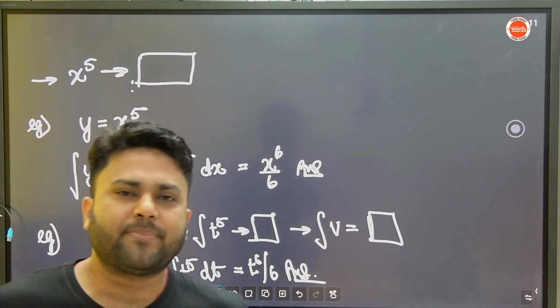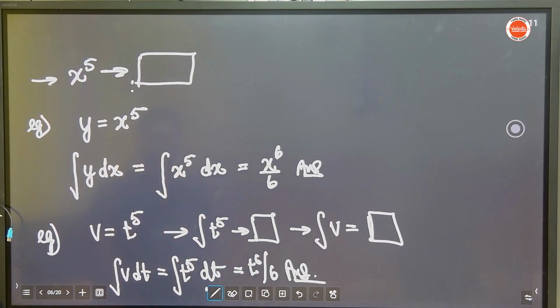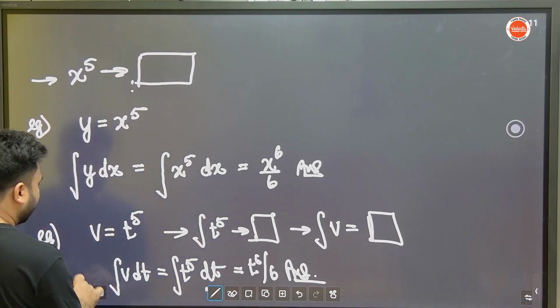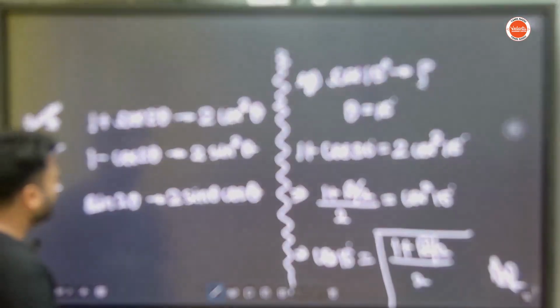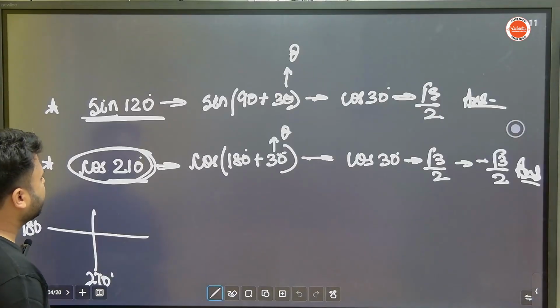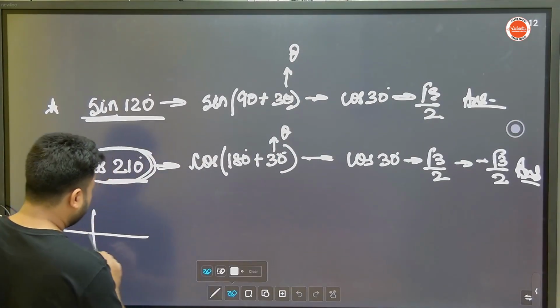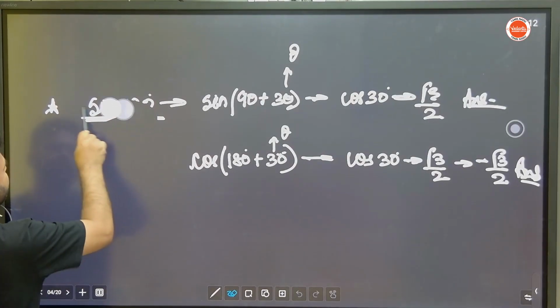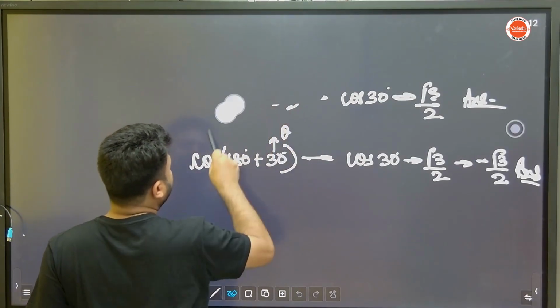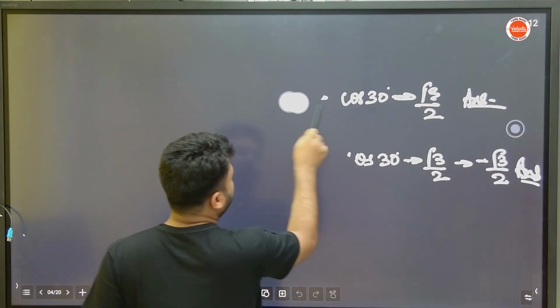Okay. Clear? Now here also in integration we have that Kachra method that I told you about in differentiation. In integration also we have this Kachra method.